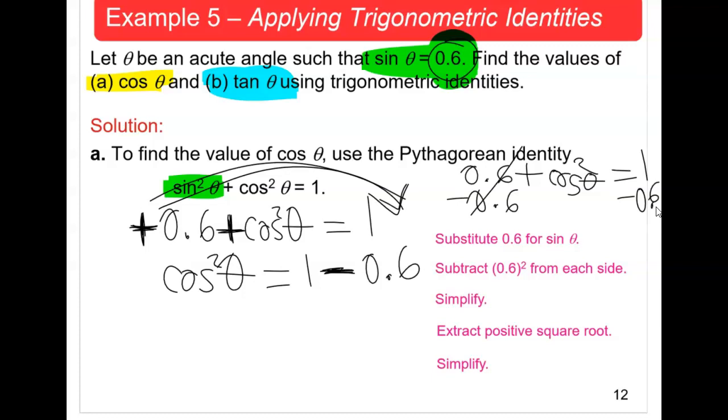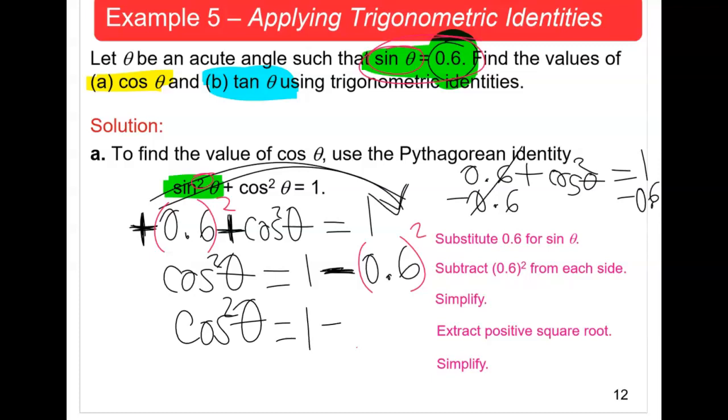Oh, and actually I forgot to do a big thing. So this is supposed to be square, because the value given to us is only for sine, not for sine square. So we still have to square that number. So let's keep that here. Now you could enter all of this together at once on your calculator, or you could do it by hand.